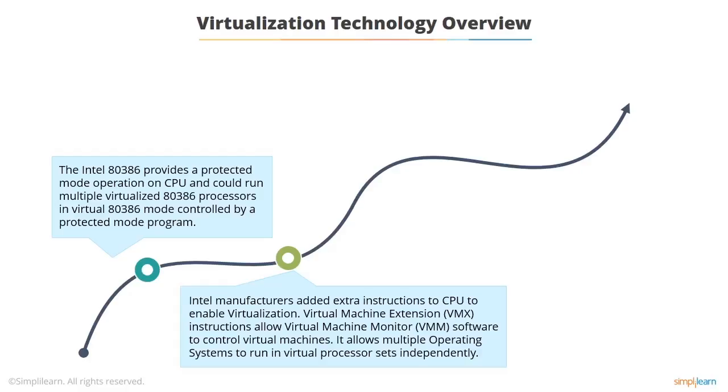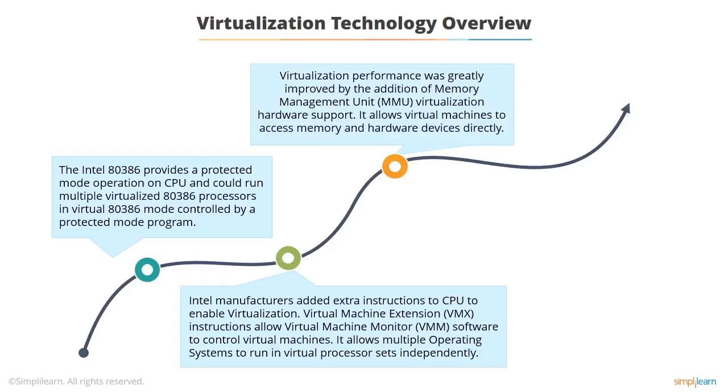Effectively, these special instructions allow multiple operating systems to share the same hardware without knowing about each other. So it's really clean, neat stuff. And this extension was made to the extended page tables, which solved a big problem about memory management, and that greatly opened up the scope for doing really effective virtualization.